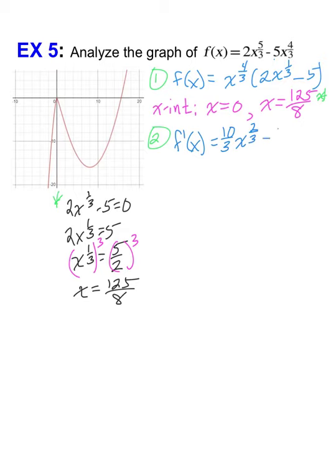minus 20/3 x to the 1/3. Then we want to write that in factored form. So if you look at their coefficients, the numerators have a 10 in common and the denominators have a 3 in common. So I can factor out a 10/3 in front from each of those coefficients.